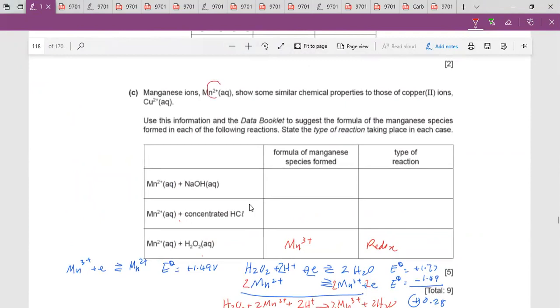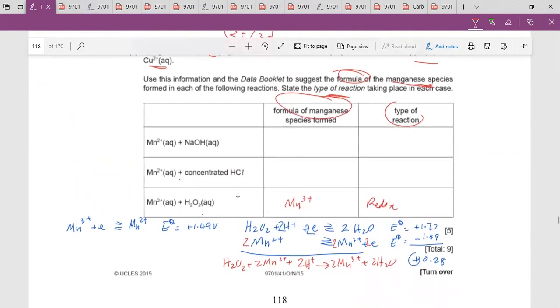Remember 2 plus and 3 plus are the common things over your whole period of TM. Manganese ions have shown similar properties to copper 2 plus ion. Use this information and the data booklet to suggest the formula of the manganese species, for each reaction and type of reaction.